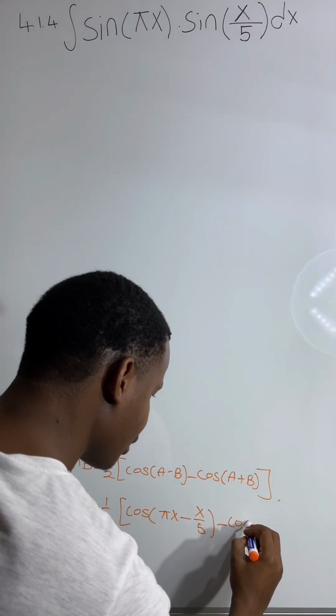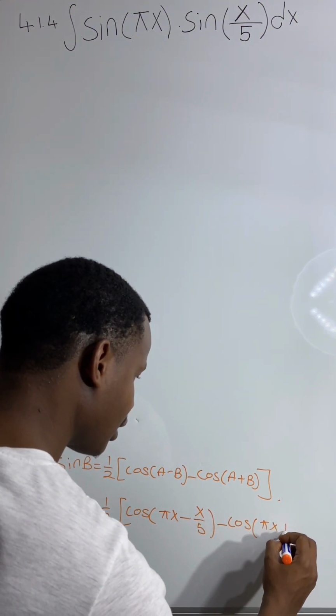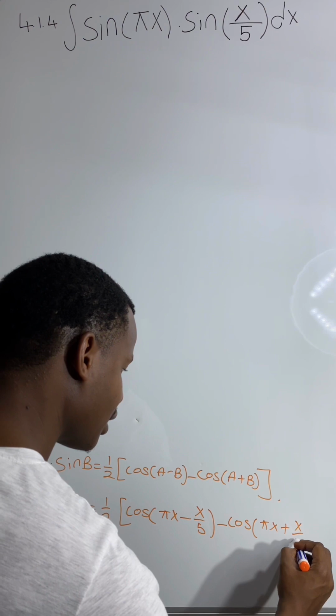Minus cos, our A is pi x and our B is x over 5.